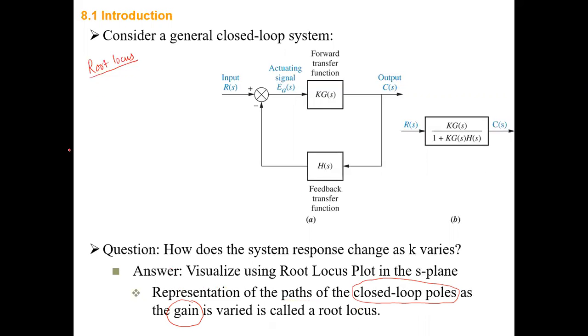So suppose you have, let's say this is 1 for now to make it easy. Suppose this is 1 and your G is, let's say, 1 over S plus 10.